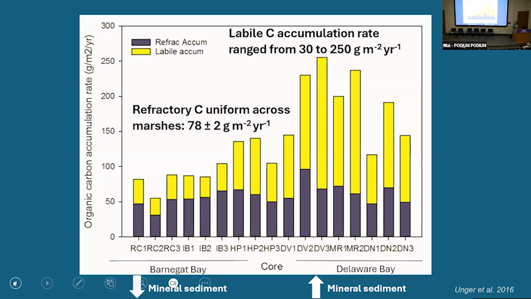The labile carbon accumulation rate was quite variable, ranging from about 30 to 250 grams of carbon per meter square per year. And as you can see from the individual core data, it tends to be driving greater total carbon accumulation rates in the mineral-rich system.